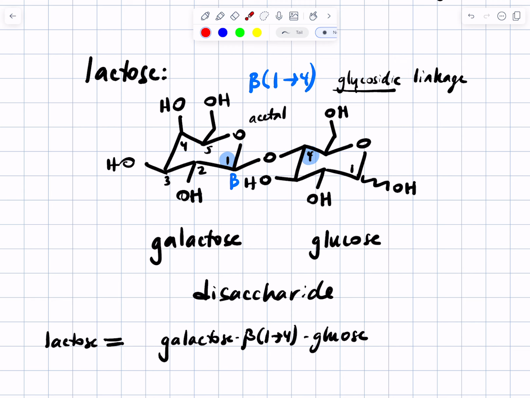For a lot of people, the intestines stop expressing that enzyme as you age, presumably because distant in our ancestry, we didn't get a lot of nutrition from dairy, and therefore there was no need for the enzyme. And so over time, humans tended to become what's called lactose intolerant, because they lack the enzyme to hydrolyze this linkage.